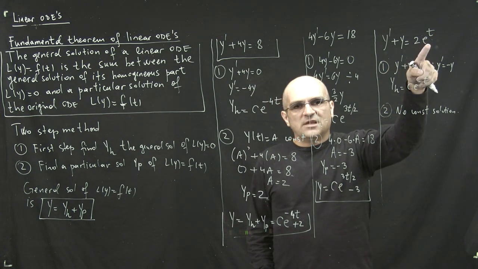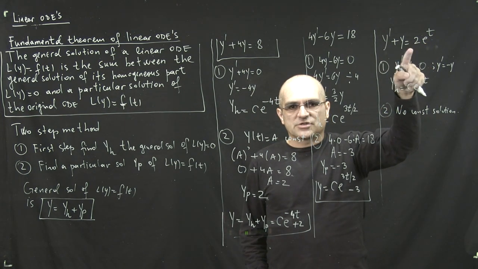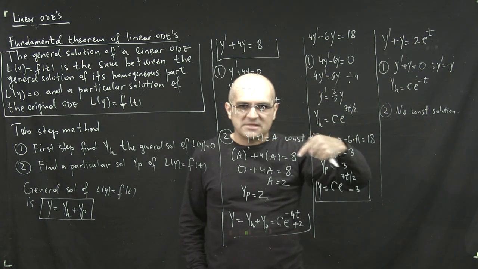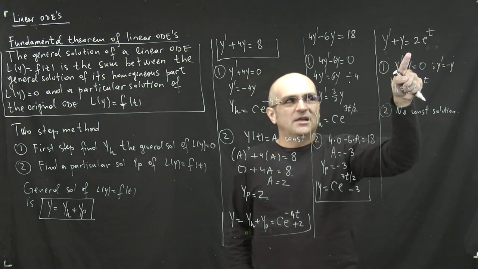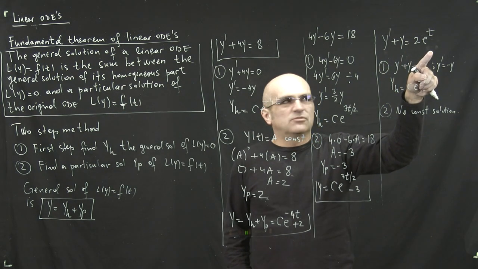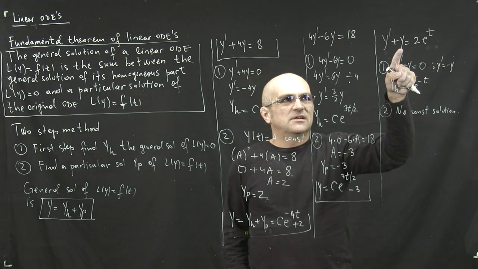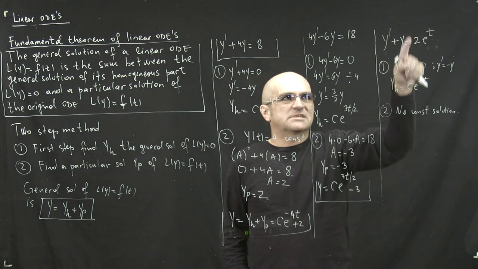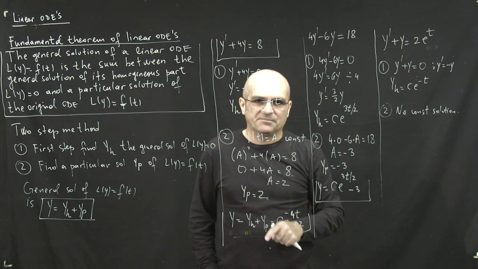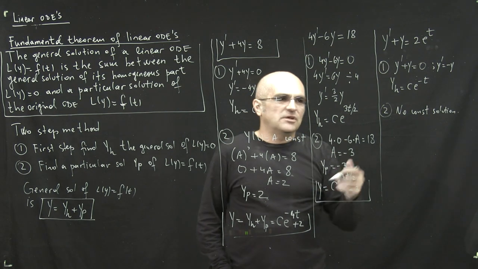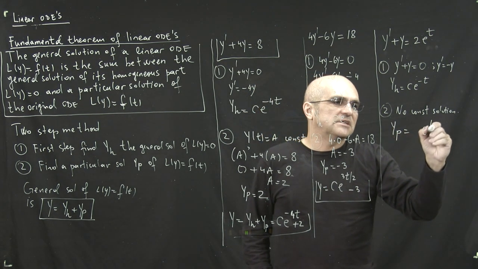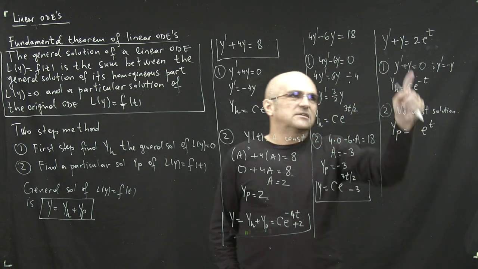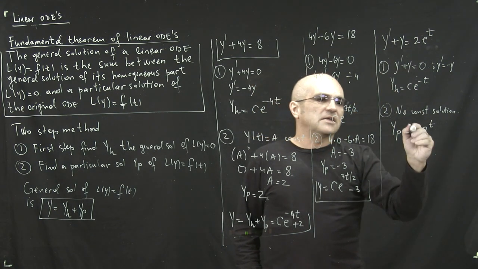If I have to obtain e to the t via differentiation, and knowing that e to the t remains the same if I differentiate it, it's not hard to guess that y should be some constant times e to the t, because it will remain e to the t, and somehow the sum of the two should give me 2e to the t. So if you come up with this approach in your mind, you will realize that the particular solution should be e to the t times a constant, which in this case is just 1.